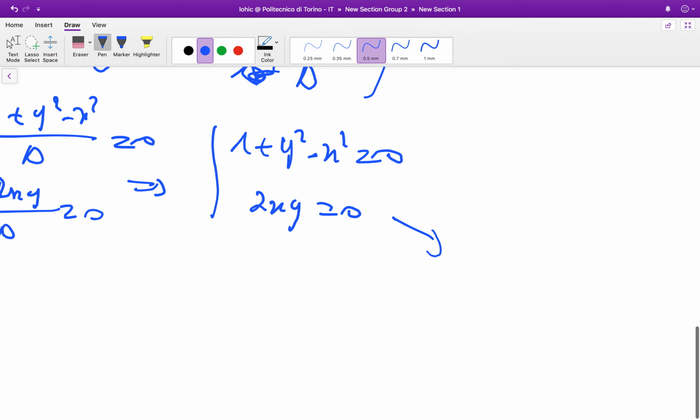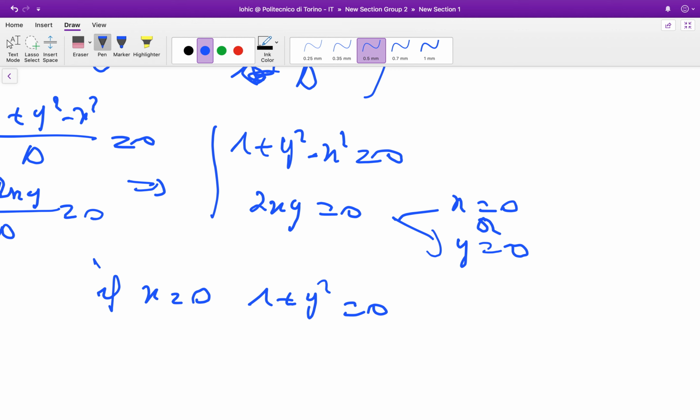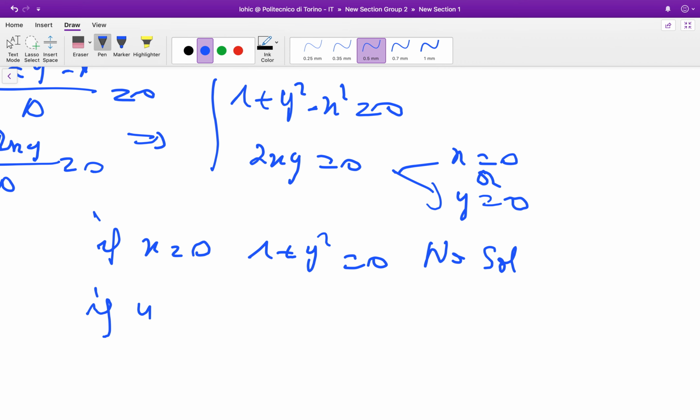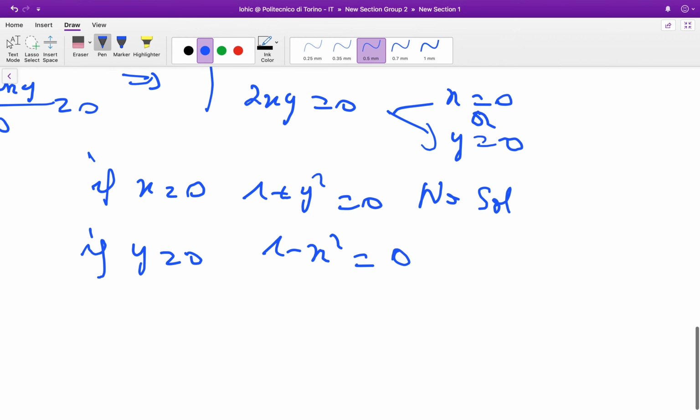This equation leads to x equal to 0 or y equal to 0, so these are two cases. If x is 0, the first equation becomes 1 plus y squared equal to 0. That has no solution. But if y is 0, we have 1 minus x squared equal to 0, thus x is plus or minus 1.